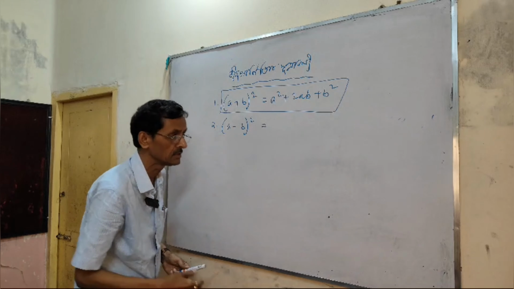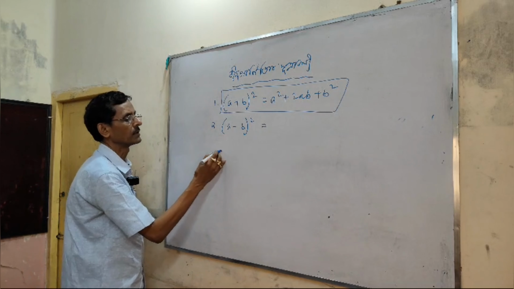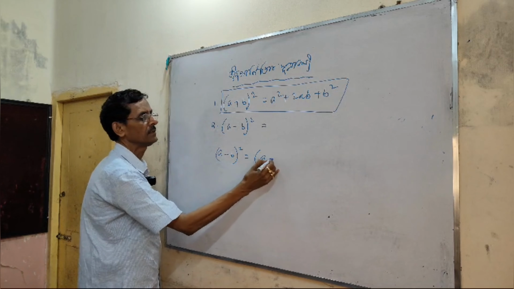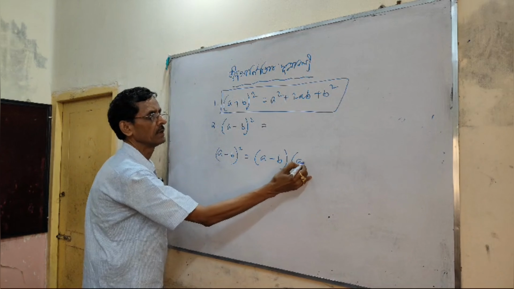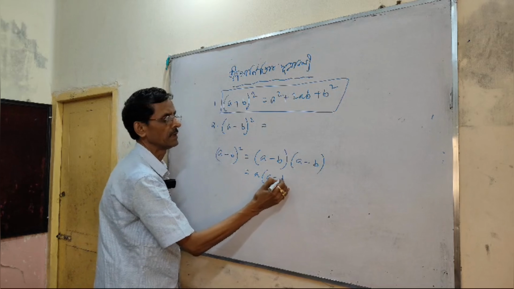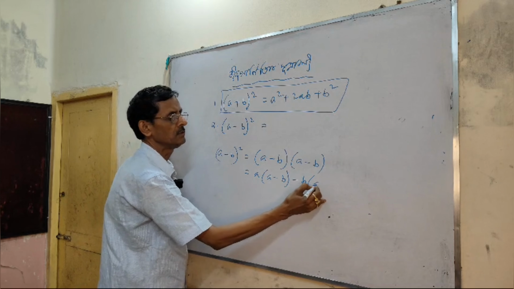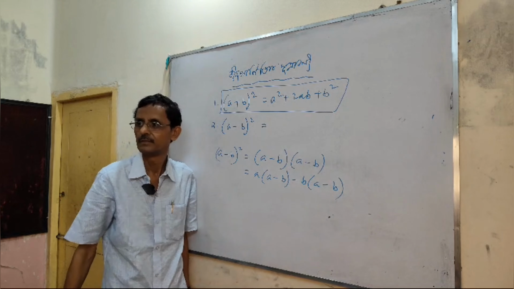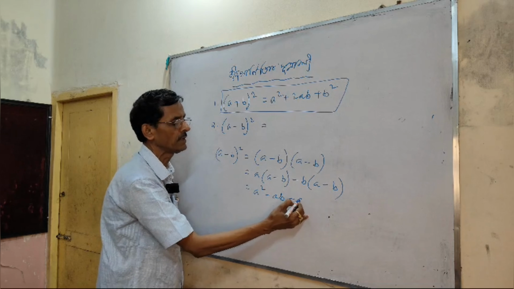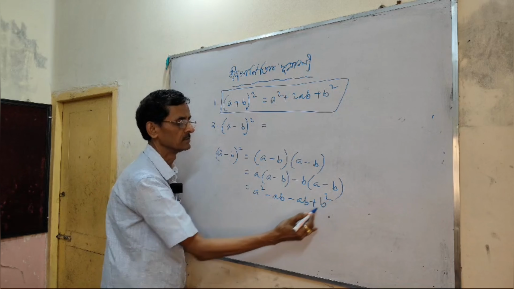Then we have to find a minus b whole square. A minus b whole square, that is a minus b into a minus b. Then a into a minus b minus b into a minus b. Then a square minus ab minus ab plus b square.